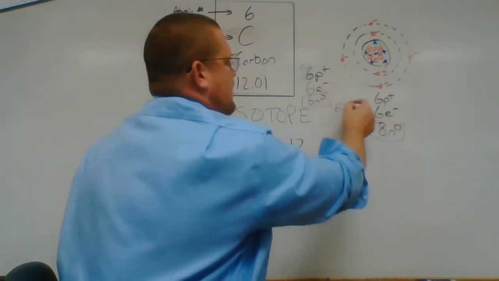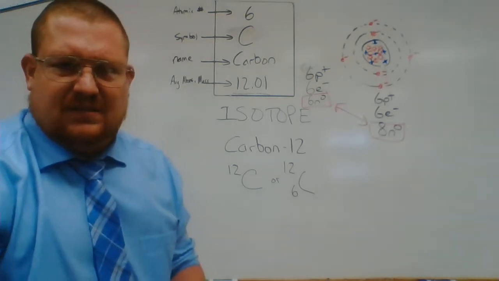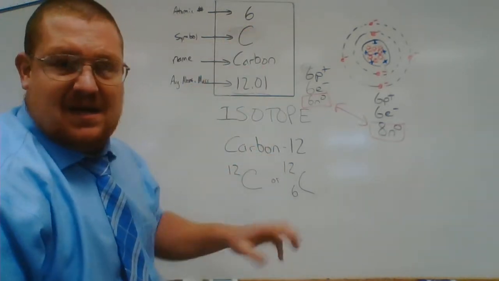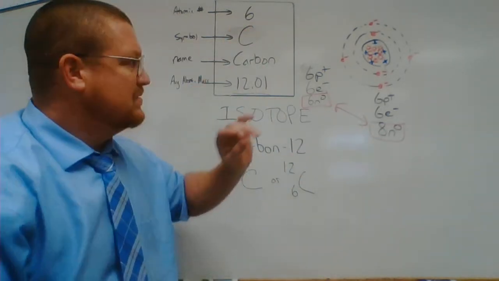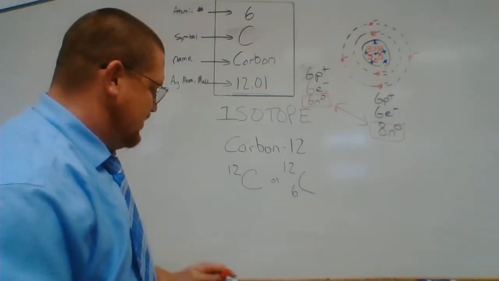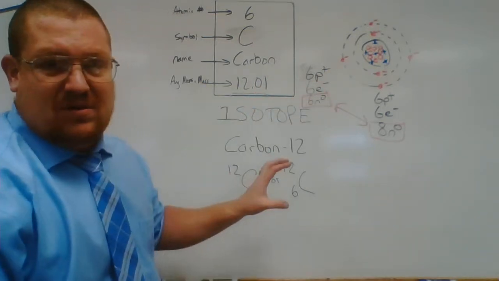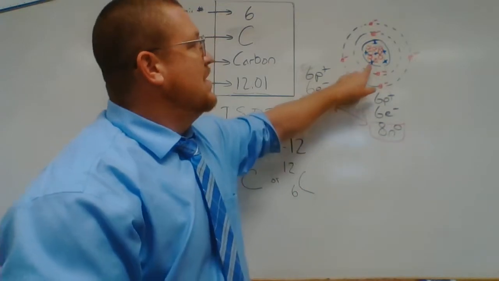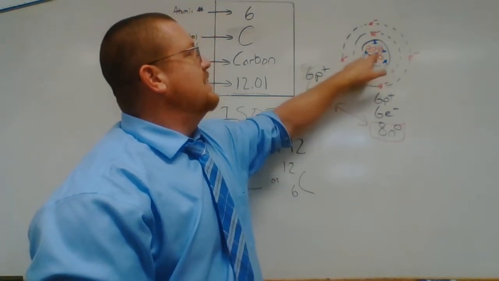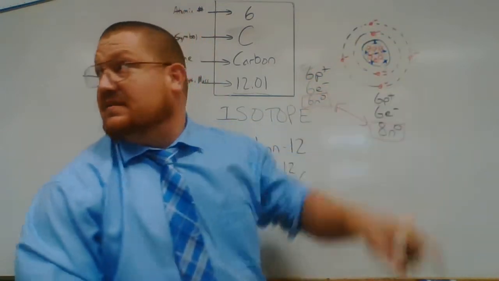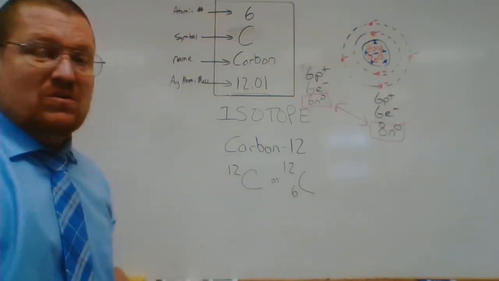Different amounts of neutrons. Before I had 6, I added 2. I'm the magical isotope god. I added 2 neutrons to it. So this no longer has a mass of 12. Now I have a mass of 14.